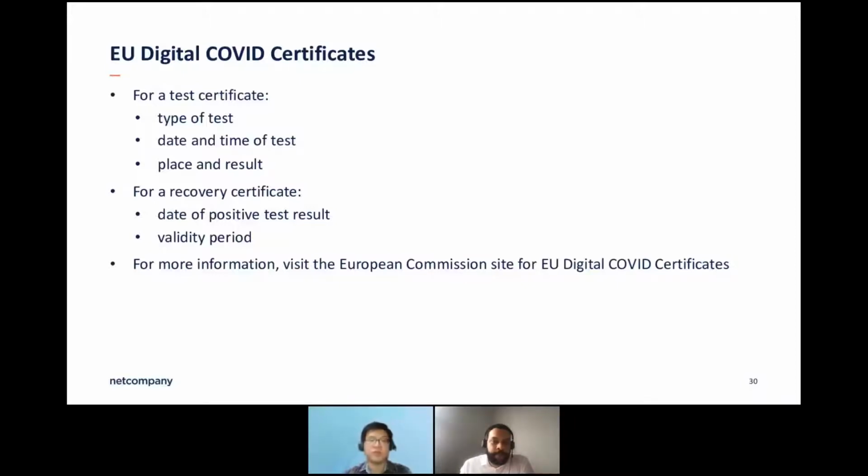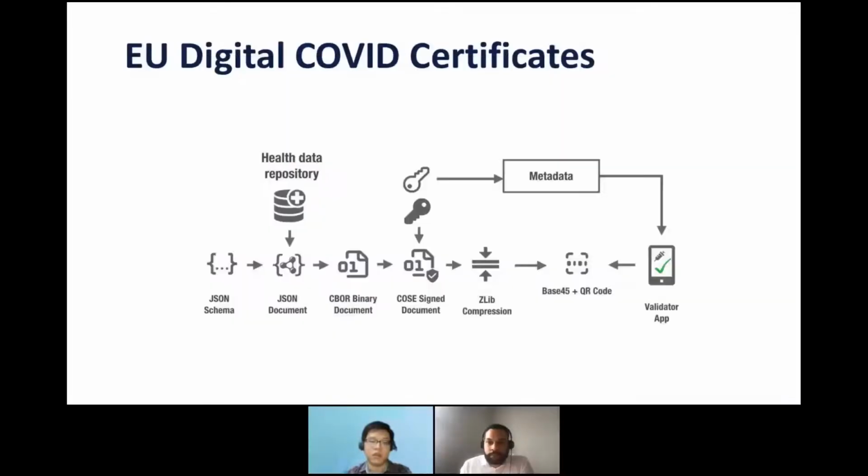Okay, now let's talk more about the flow. Here is an overview of all the steps it takes to encode your health data to the QR code. Yeah. So let's go through this step by step.